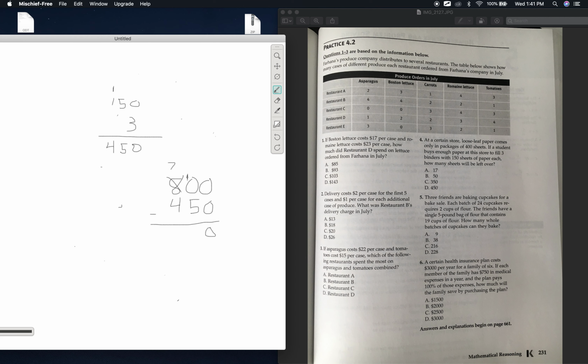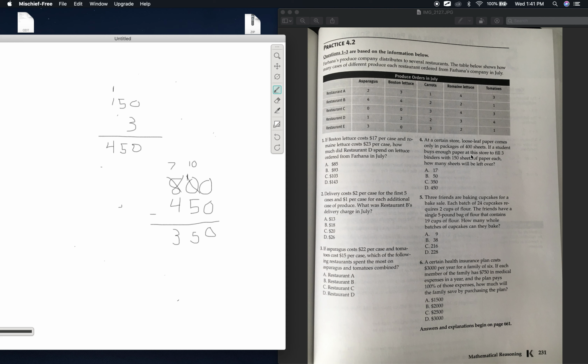These days they kind of just do it like this, write the whole thing here, but so yeah, we'll just stick with that. 10 minus 5 is 5. 7 minus 4 is 3. So we have 350 left. So as you can see here, that's an option, 350, so that'll be your answer.